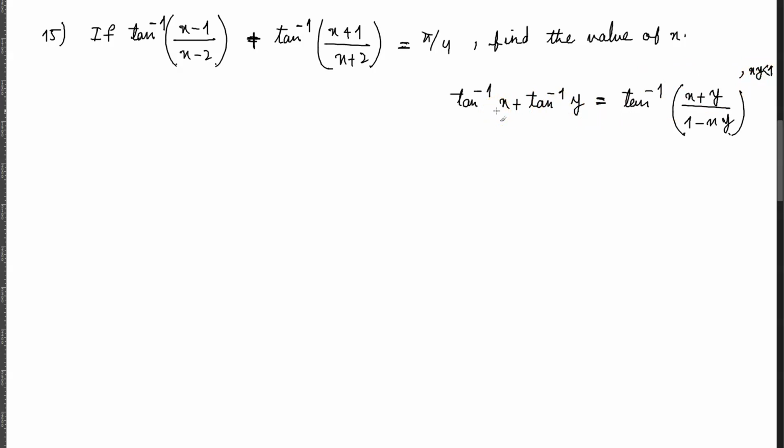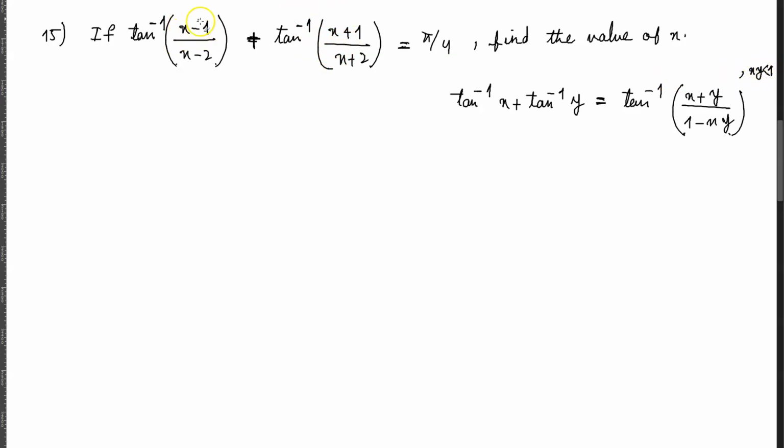That means that if I want to use this identity to rewrite these tan inverses together, I need to make sure that x times y is less than 1.